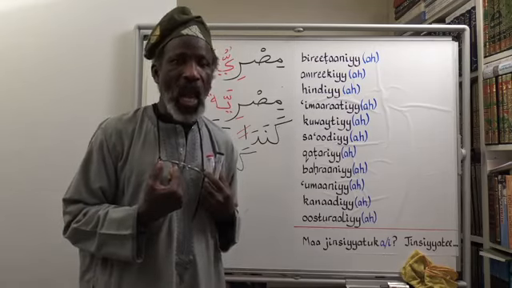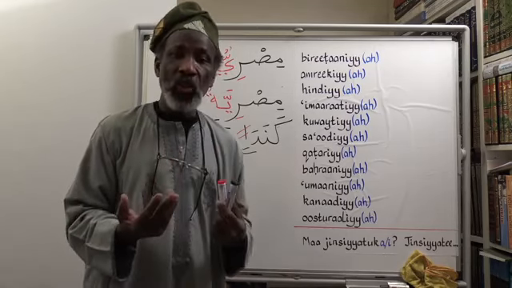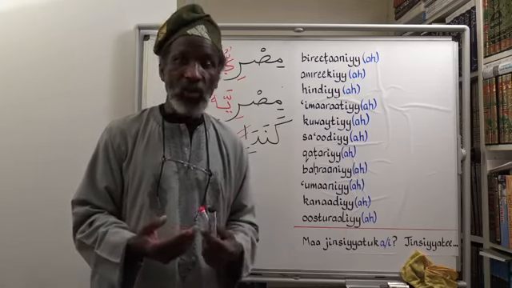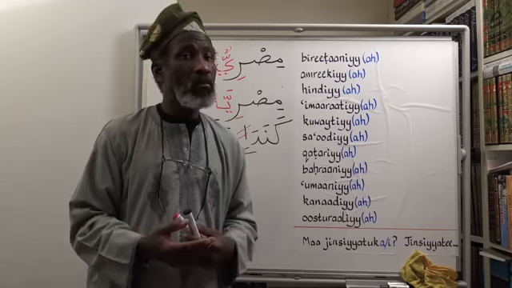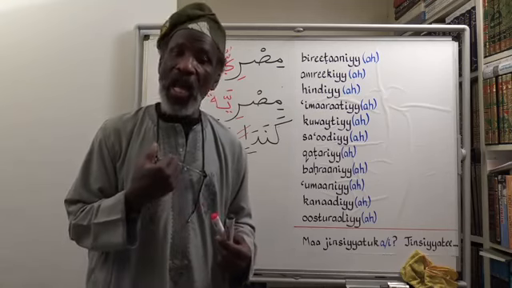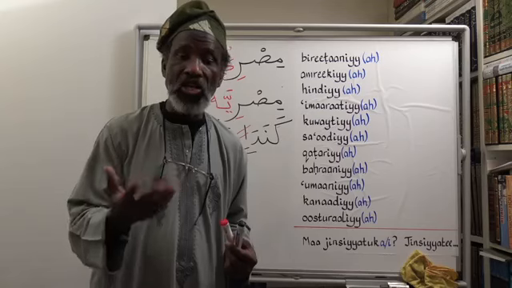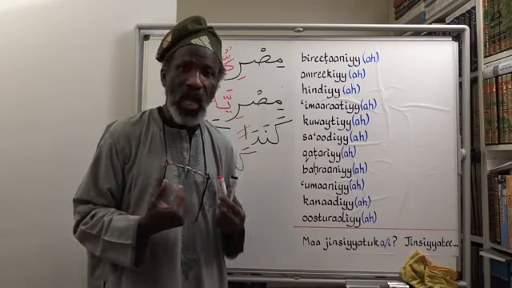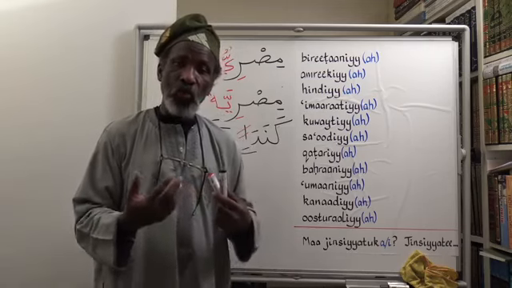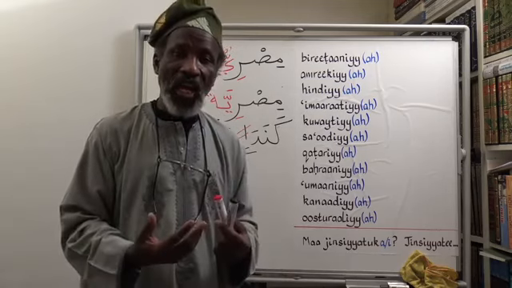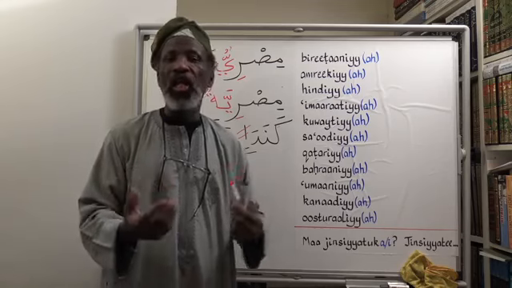If you ask me هل أنت سوداني, are you Sudanese? لا أنا نيجيري. And if I'm from Sudan, I will say أنا سوداني, أنا صومالي, أنا سعودي, and so on.